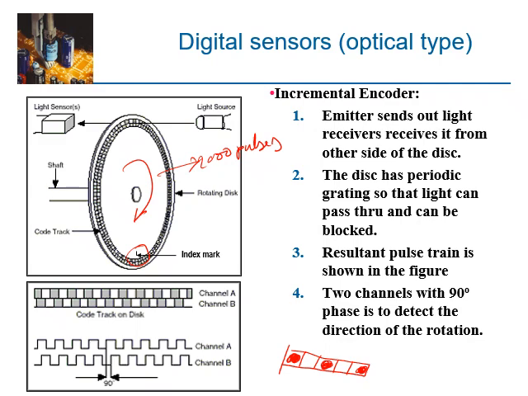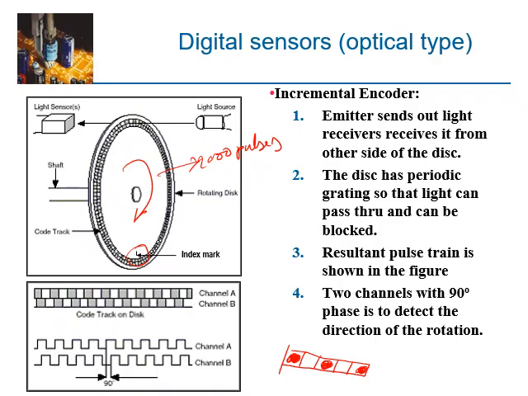Once it detects the index signal, from then onward we can start counting channel A and channel B, so that we have a physical reference of the motor location. So that is your 0th location or home location. From there onward, it will start to count the signal. Okay, now let's move forward.